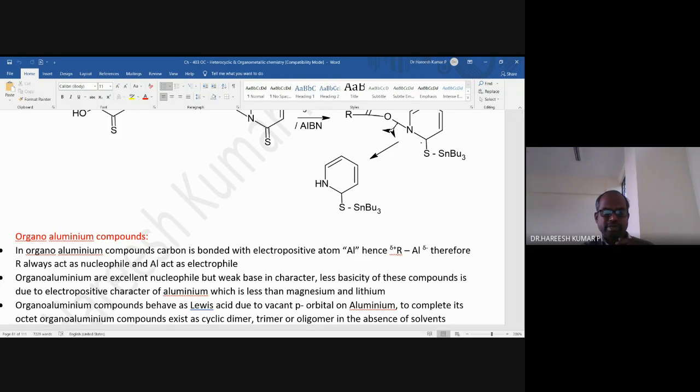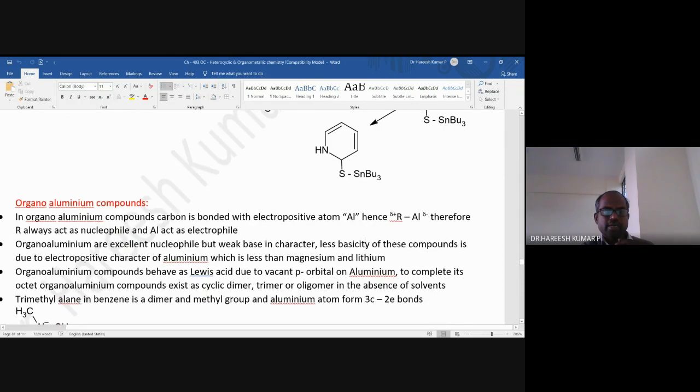Organoaluminium compounds are excellent nucleophiles but weak bases. Whatever is attached to the aluminum will act as a nucleophile, but they don't act as a base.